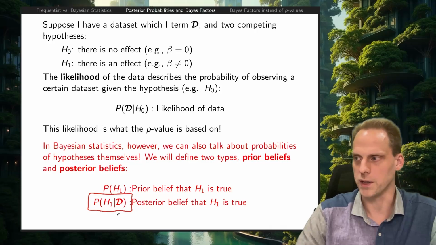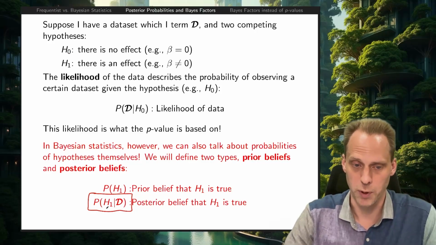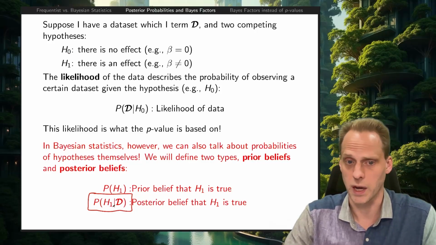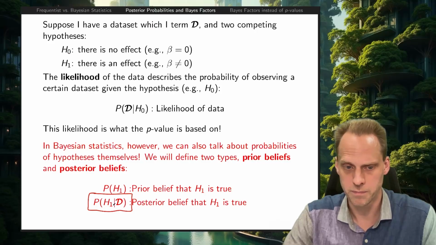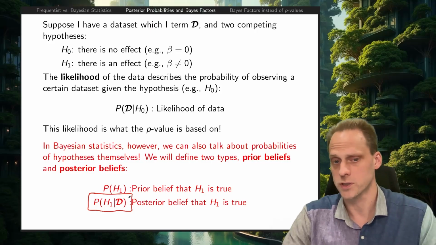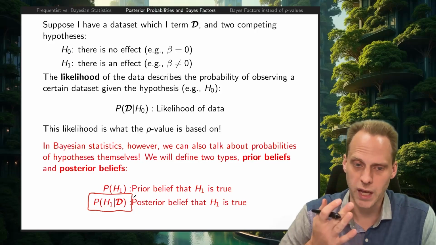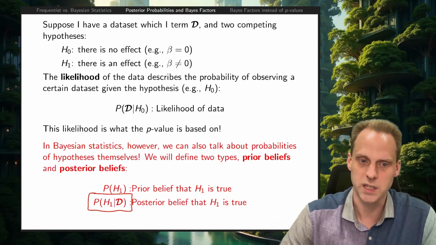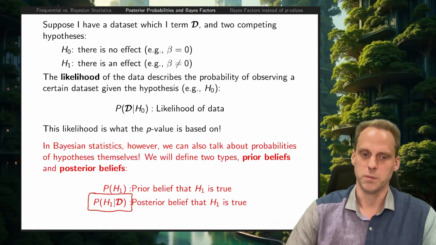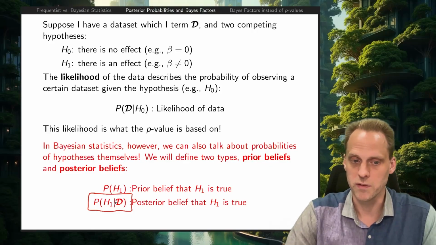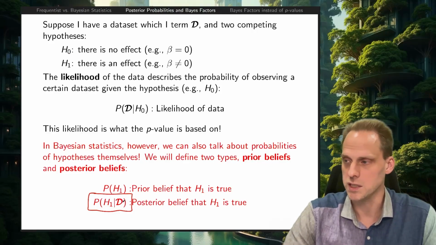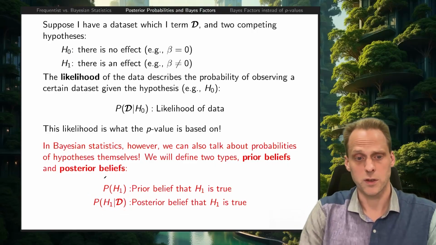What is the probability that the hypothesis is true, and this could be either the null hypothesis or the alternative one, given that we observe a certain data set? Now, a frequentist statistician cannot do this because you don't have a probability on a hypothesis. It is either true or not. But the Bayesian can say my degree of belief that this hypothesis is true given the data is some amount. So the Bayesian can do these things.